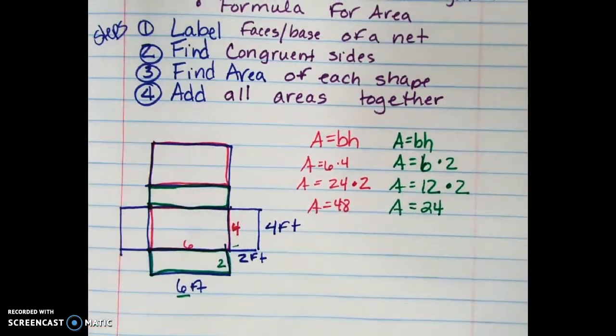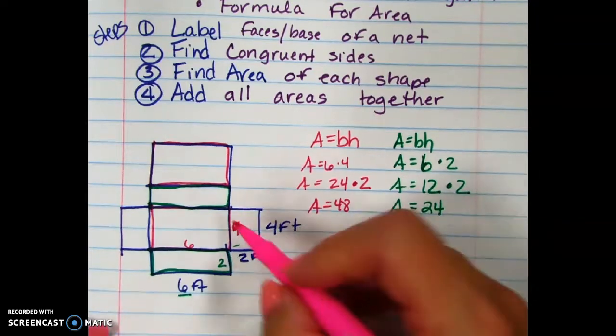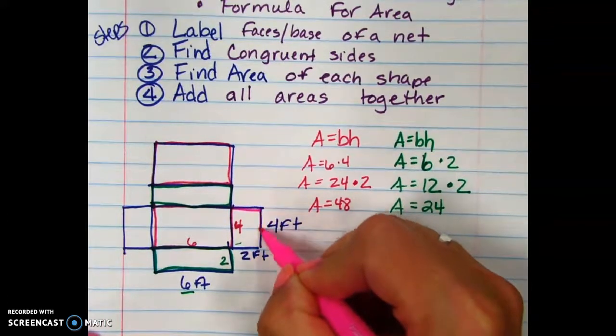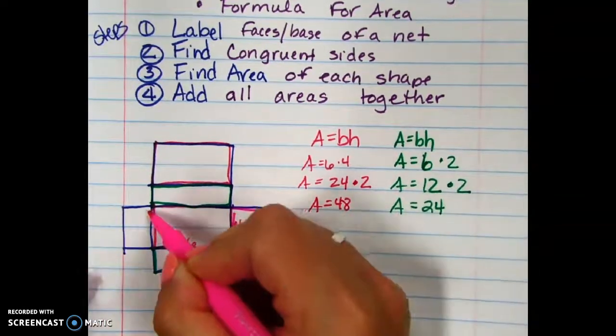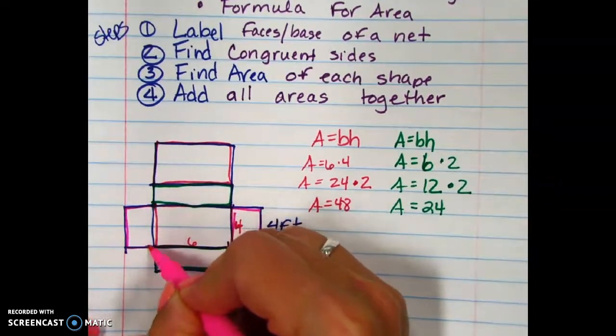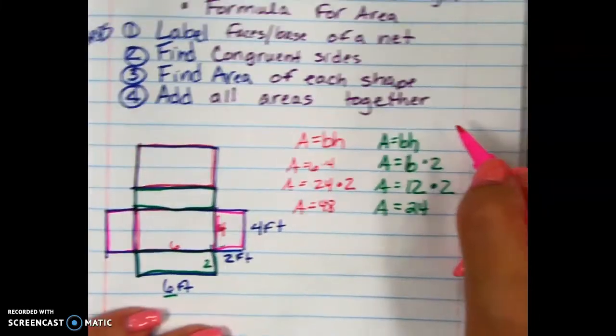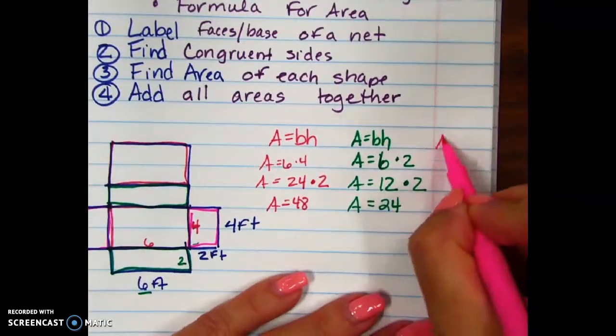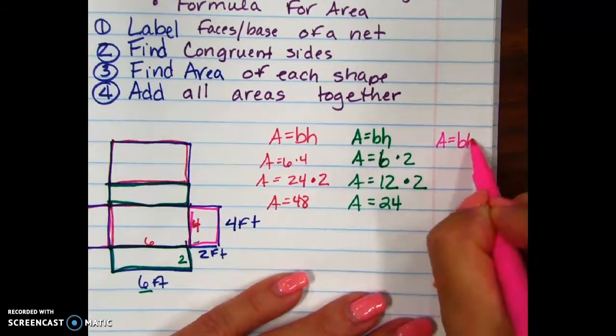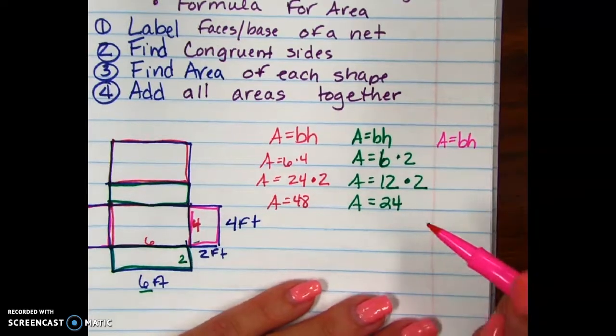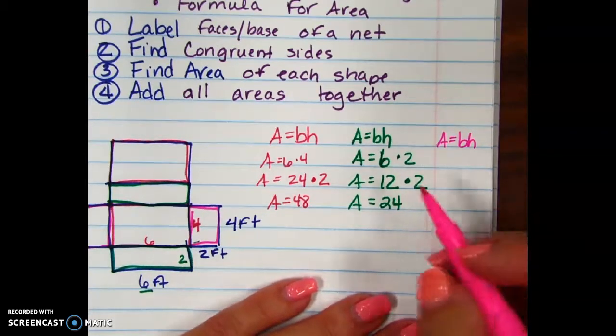Then let's find the area of, let's see, we'll make this one pink, these 2 shapes. They are congruent as well. So I'll squeeze it in over here. Area equals base times height, because again, it is a parallelogram or rectangle.